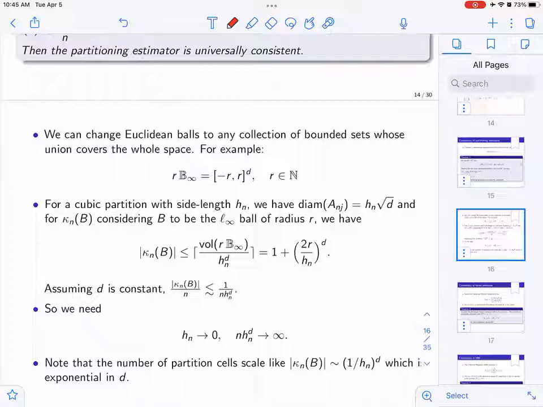And then the number you can compute by comparing the volume. So the volume of the big ball divided by the volume of each cell.